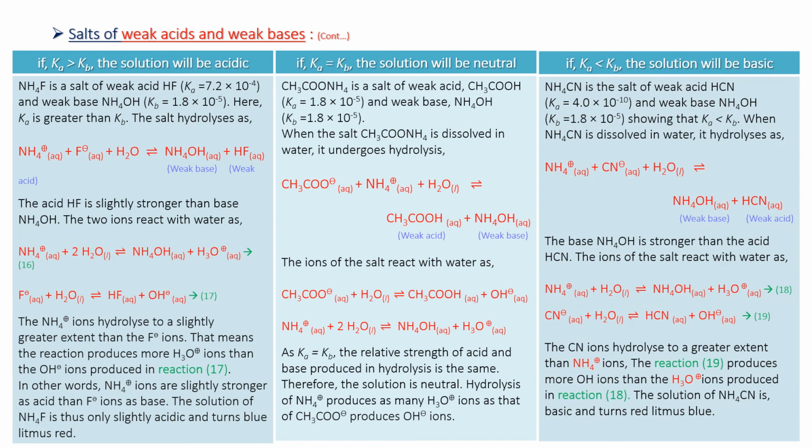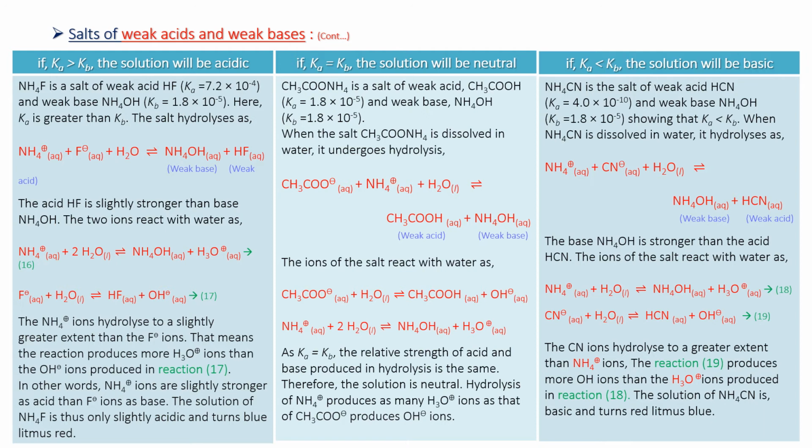Now next is if our Ka is less than Kb. So now your solution becomes basic in nature. So what is the example for that? NH4CN. So in this case the salt is prepared from weak acid, that is HCN, whose Ka value is 4 into 10 raised to minus 10, and weak base, that is NH4OH, whose Kb value is 1.8 into 10 raised to minus 5.